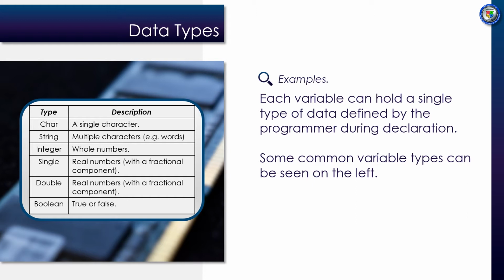The downside of this is that it takes up more memory. Finally, we have a boolean, which is true or false. All of these data types will be used at some point during the programs that we create.